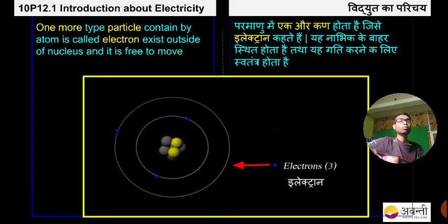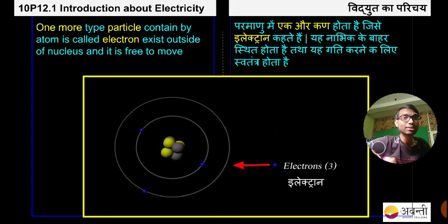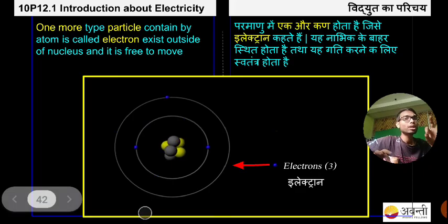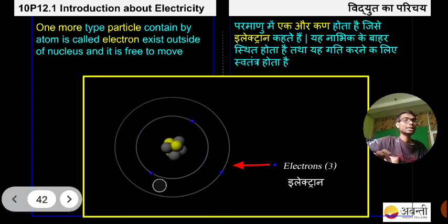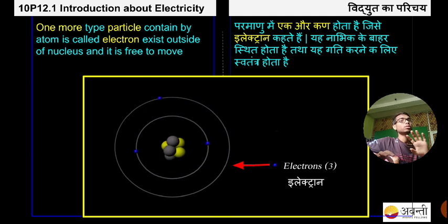Proton has positive charges but is not able to move. Electron has negative charges and is able to move. When electricity flows through a conductor, electrons work, but protons no.